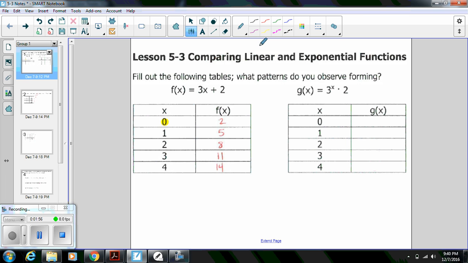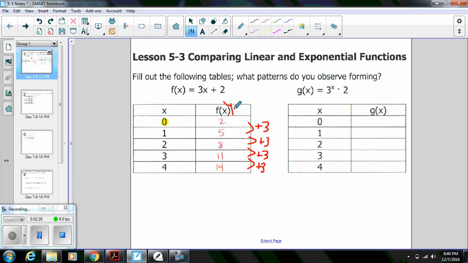So what are some things we notice about this table? Well, first, let's look at what our y values or our f of x values are changing by. 2 to 5, that's plus 3. 5 to 8, plus 3. 8 to 11, plus 3. 11 to 14, plus 3.